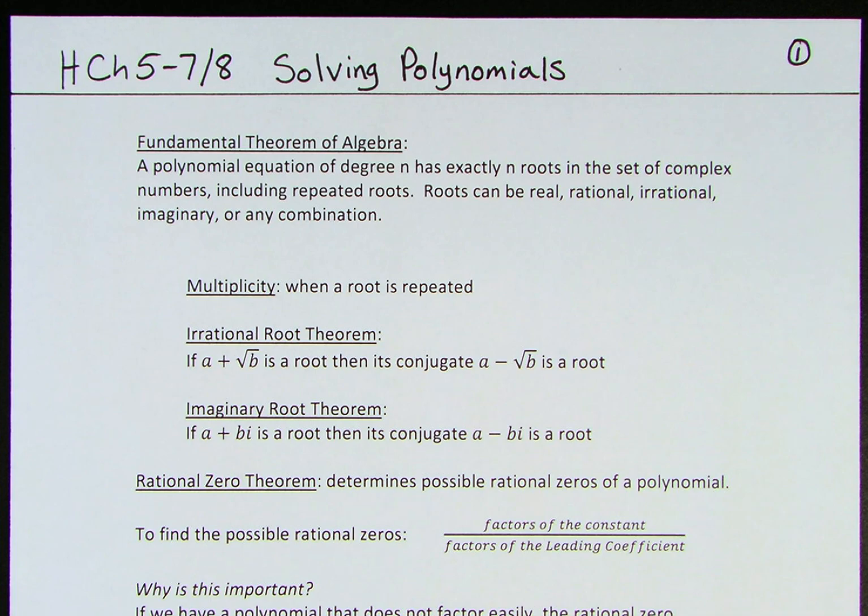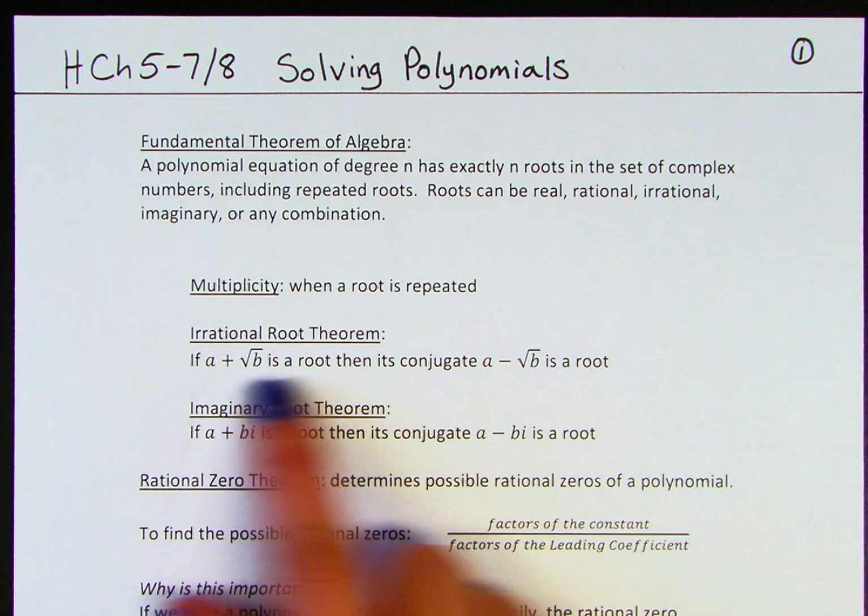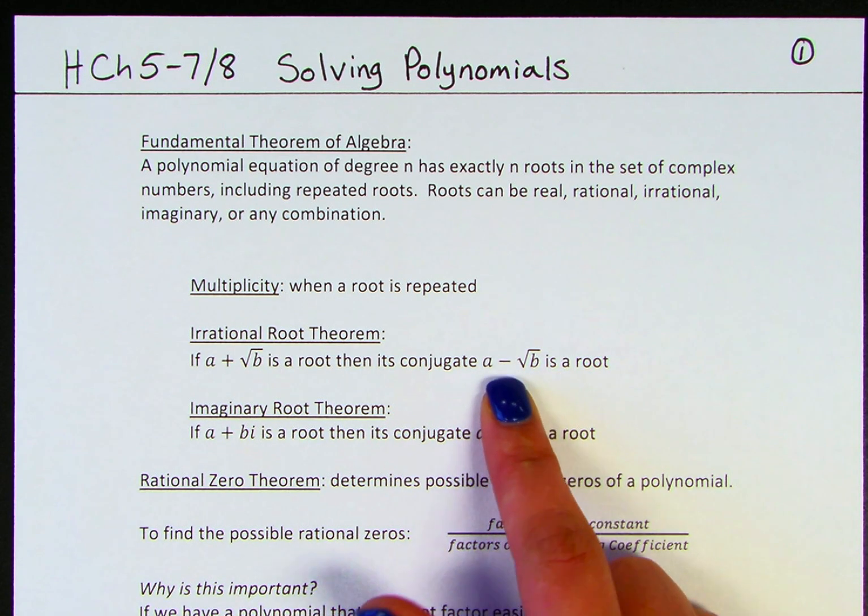And then our irrational, so our square roots, which also implies our imaginary, since that i represents the square root of -1, those are always going to come in a pair. So a positive and its negative.